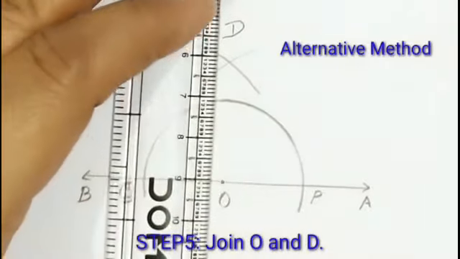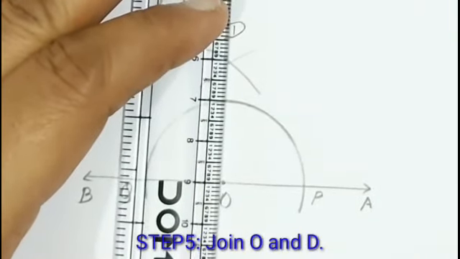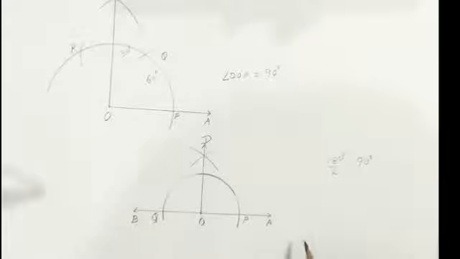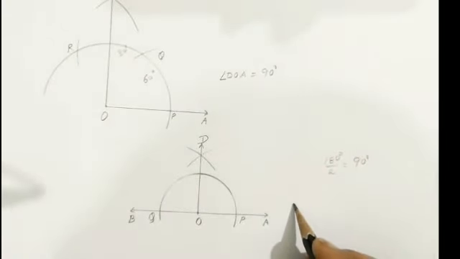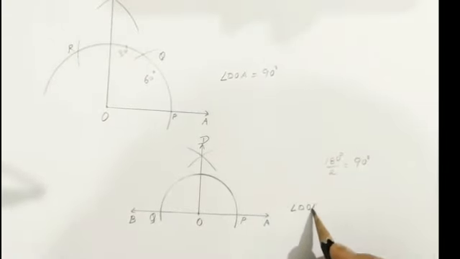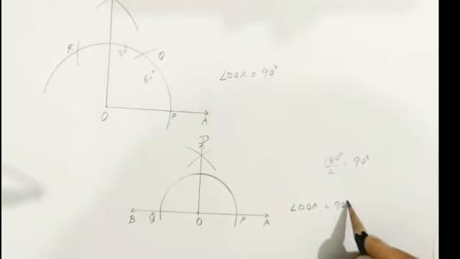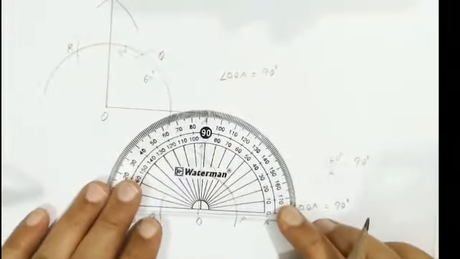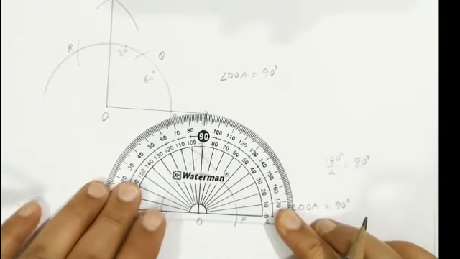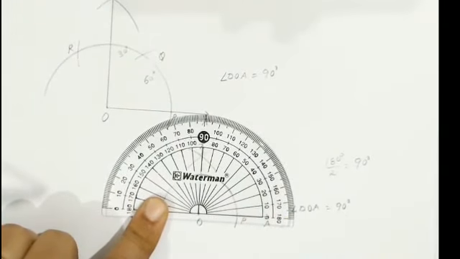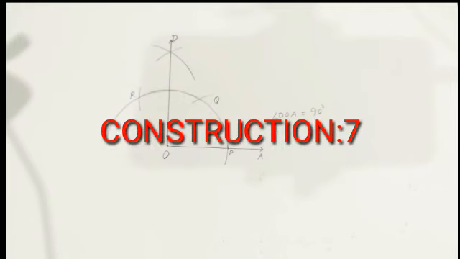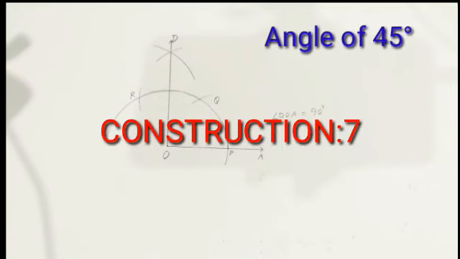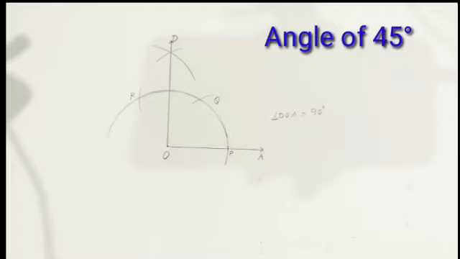Join O and D. Hence angle DOA equals 90 degrees. Verify by placing the protractor on it. Hence verified.